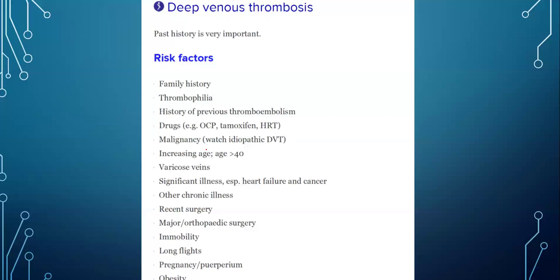DVT. Deep vein thrombosis is also very important for exams. There are a lot of risk factors for DVT, but one of the most important is major orthopedic surgery, like someone who has had a recent hip or knee replacement and comes to you with a sudden onset of pain, redness, swelling, and tenderness.